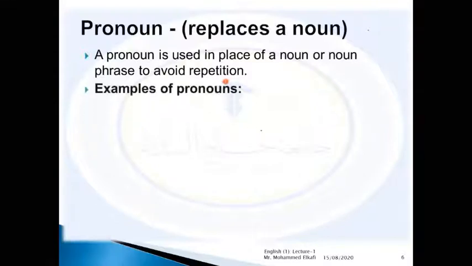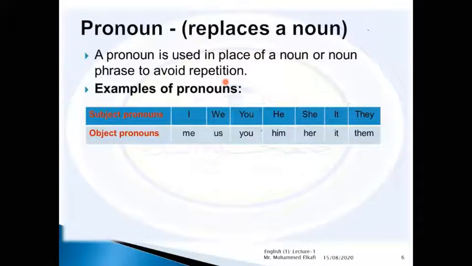So let's know more about the pronouns. We have examples of pronouns. Here we mentioned he. So here we have a table that includes the types of pronouns: subject pronouns and object pronouns. Subject pronouns are pronouns that replace subject nouns. When you say subject nouns, that means nouns that are used as the subject.